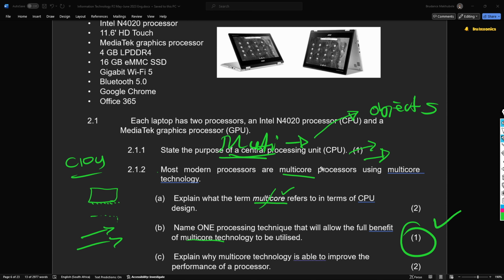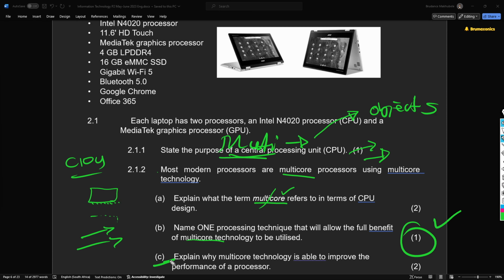Maybe a parallel processing technique. So one of those will definitely suffice. But as a lecturer, I would prefer multi-threading because you are in programming, so you should be able to know multi-threading and be able to apply it when you are coding, right?